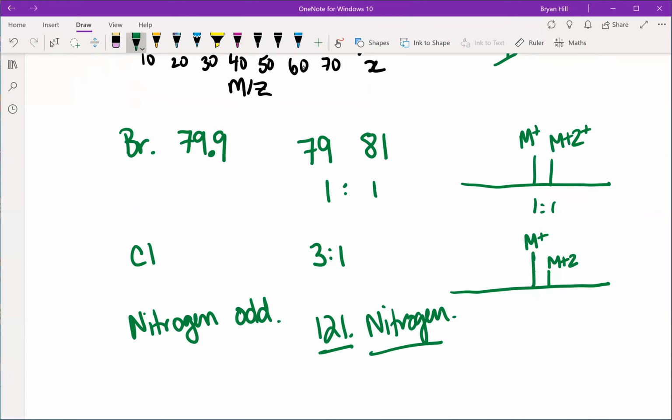You should have an odd number of nitrogens there. But with regard to isotopes, it's really bromine and chlorine which have the two large ones that you can see quite easily. Sulfur has an M+2 peak, but the ratio isn't anywhere close to this, so it's usually just a tiny little thing you would see in addition.